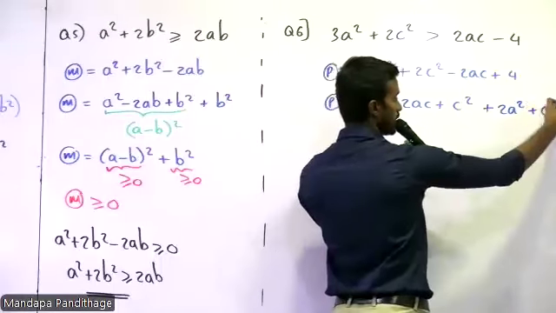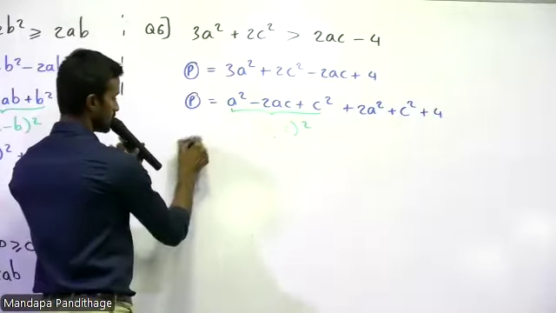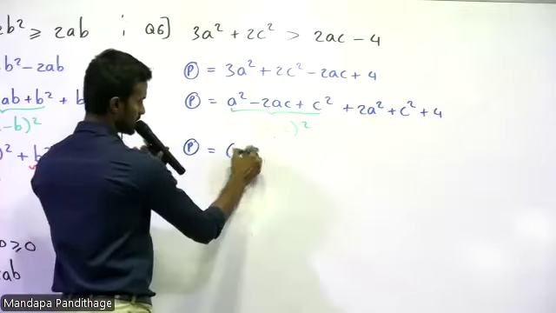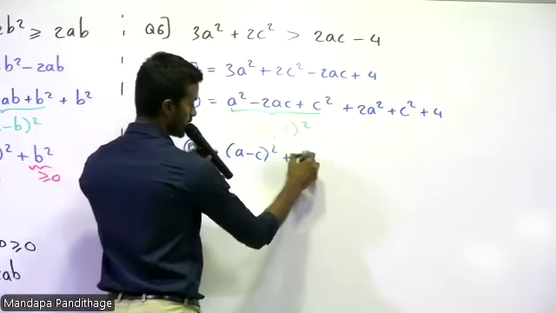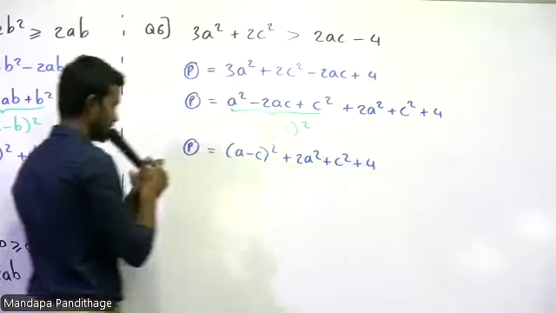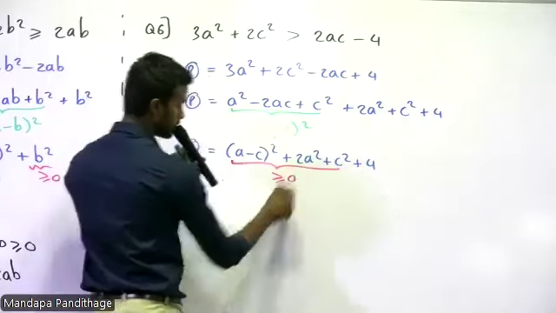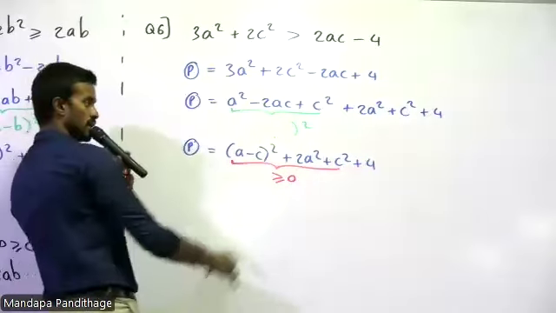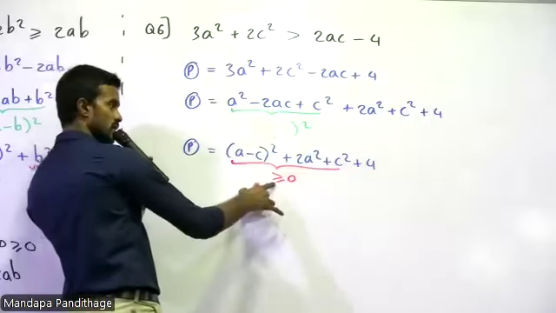So you come to a position: a minus c squared plus 2a squared plus c squared plus 4. Here you can say all these squares are equal or greater than 0. But even though it's equal to 0, we are having this plus 4.